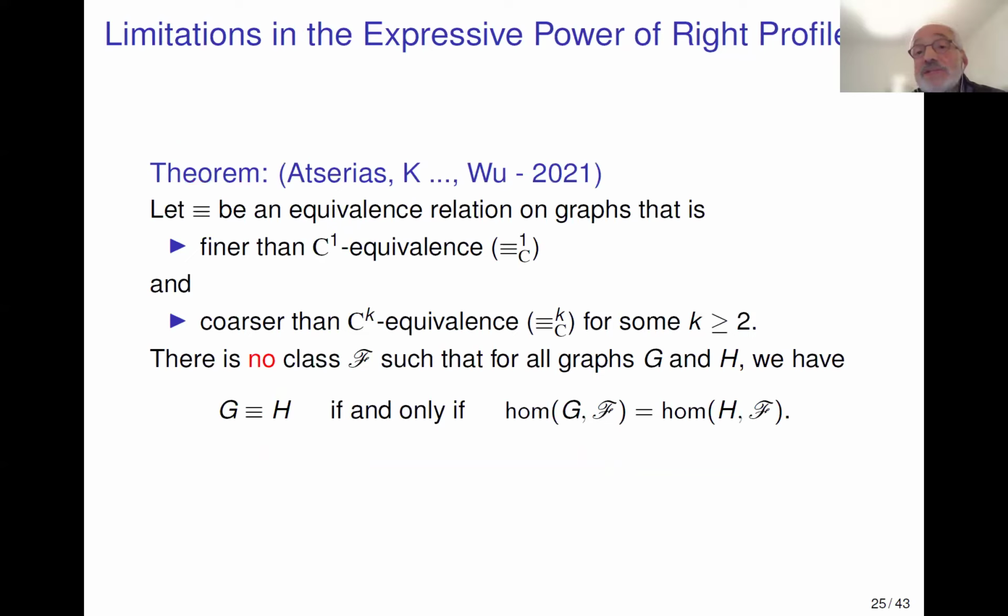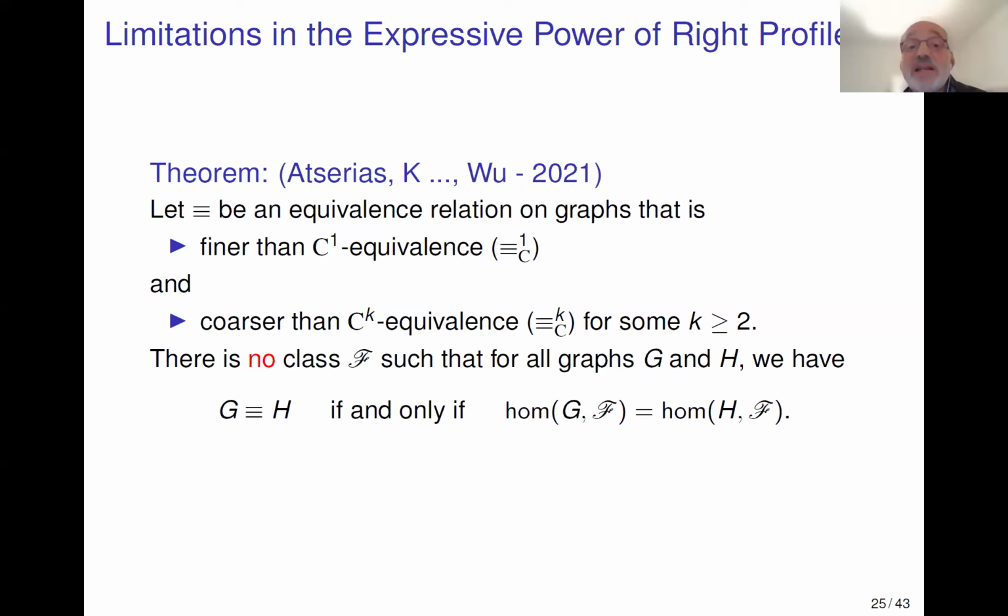Suppose I have an equivalence relation of graphs that is sandwiched between C1 equivalence, counting logic with one variable, where all you can do is count the number of nodes in the graph, and coarser than CK equivalence for some k bigger or equal than 2. So this is sandwiched between C1 equivalence and some CK equivalence.